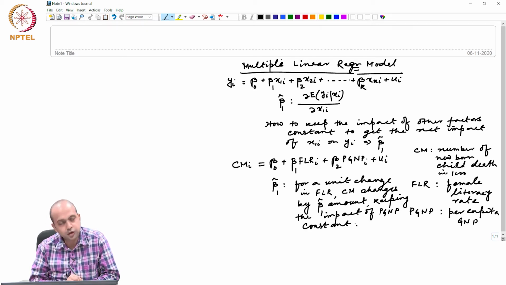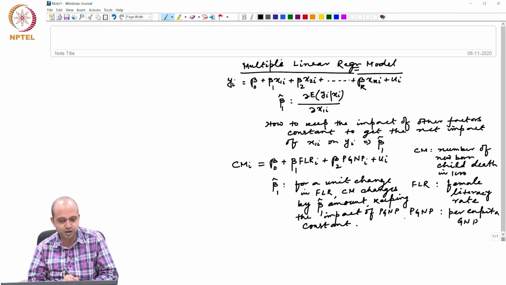That is the interpretation. So, for a unit change in FLR, CM, child mortality rate, changes by beta 1 hat amount on an average, keeping the impact of PGNP constant, right.